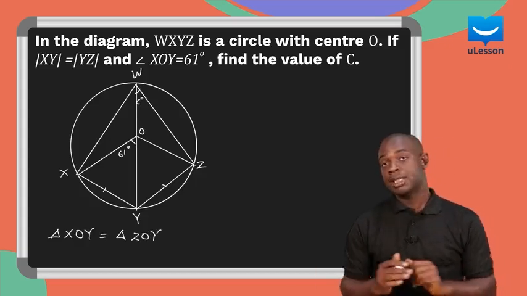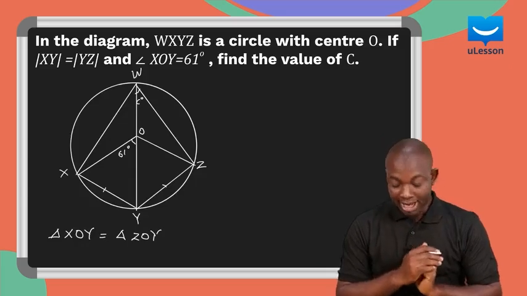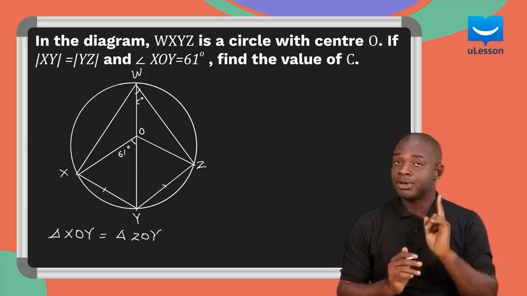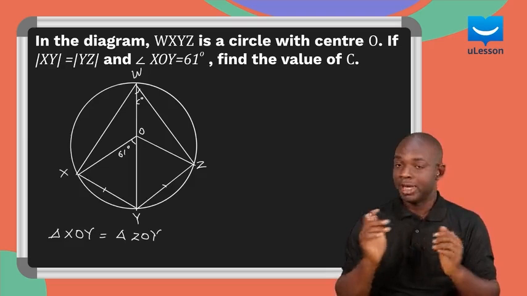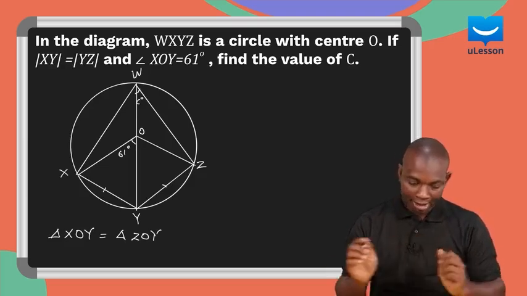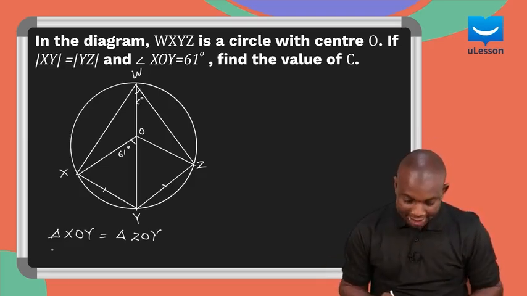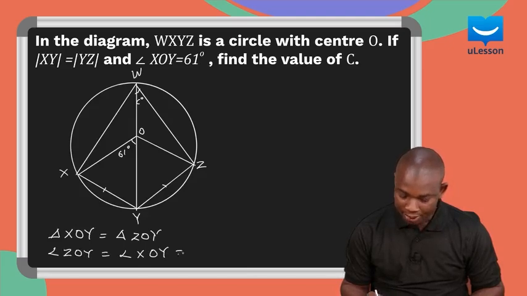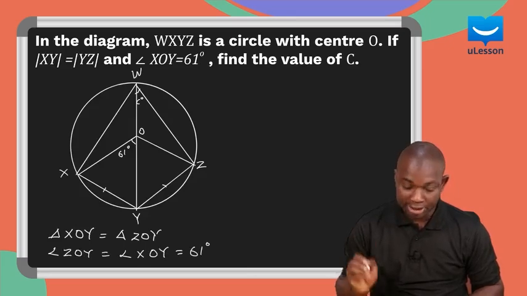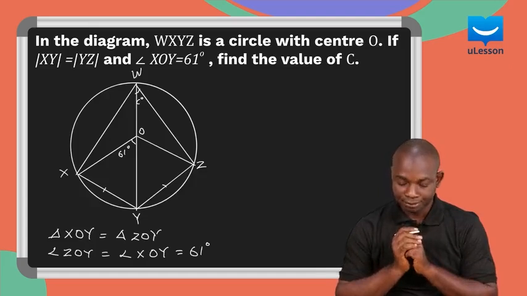Since they are equal, the angles in both triangles at O are also equal. Therefore, angle ZOY is equal to angle XOY, which is equal to 61 degrees.